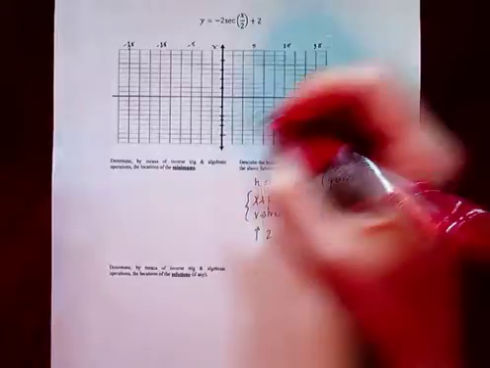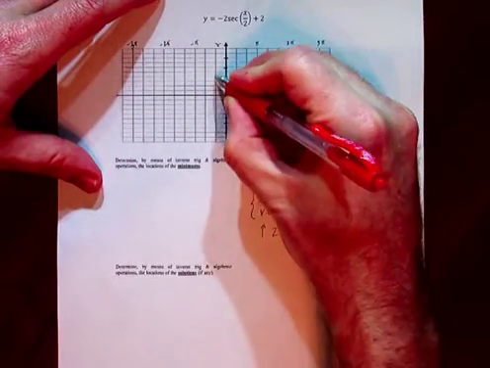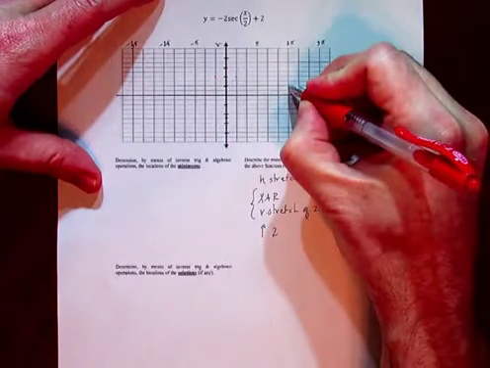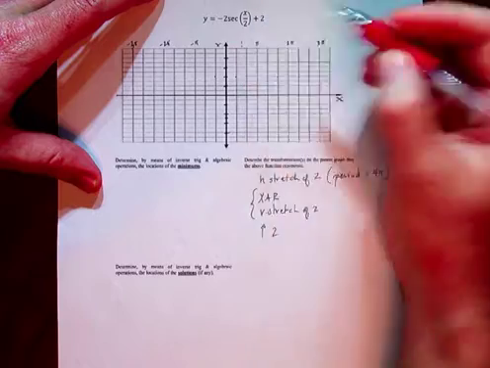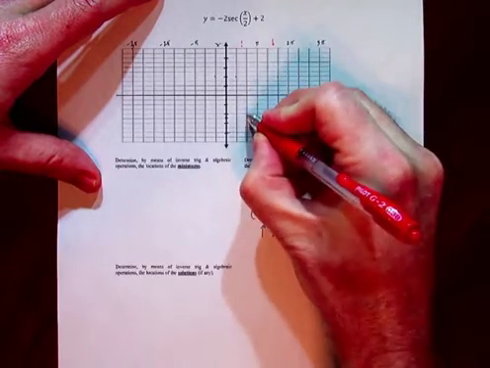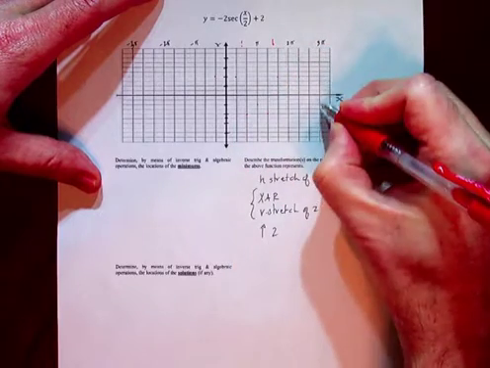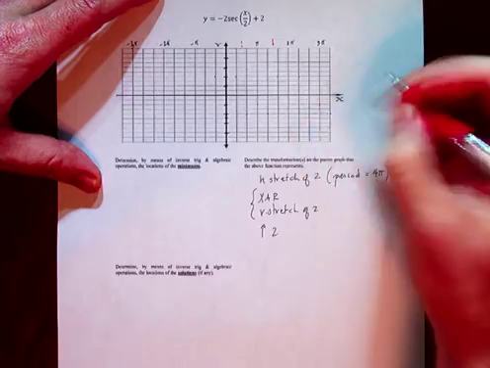Okay, let's draw the parent. 1, 2, right? And then 1, 2. And the asymptotes kind of run right here, right in the middle here. And I'm not going to draw them because that's just going to be distracting for us, but we do need to know that they're there, okay?